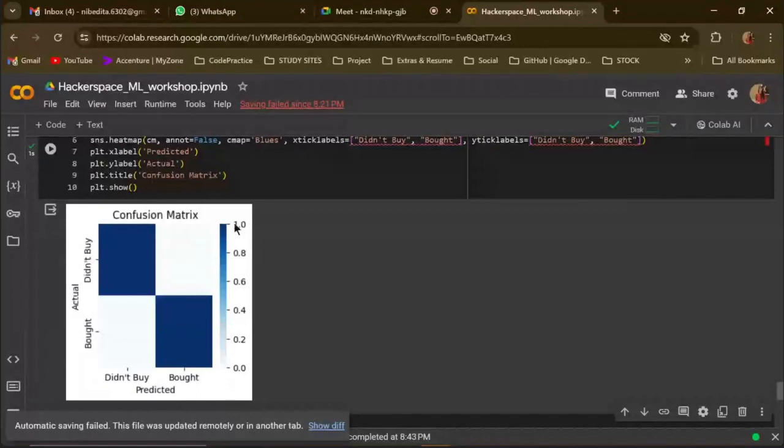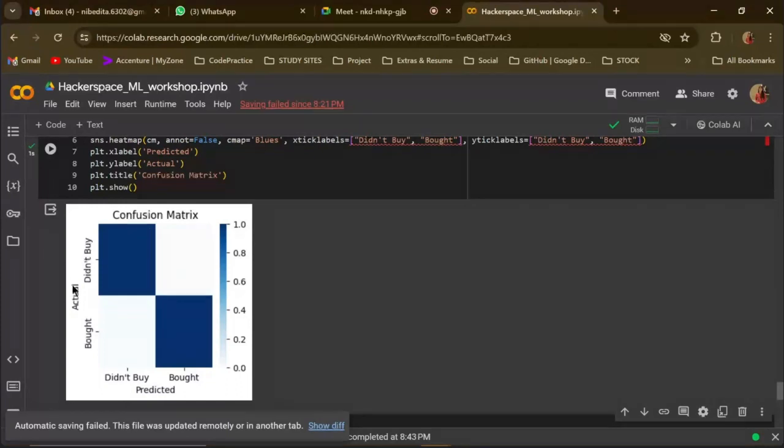According to this color scale, dark blue represents 100% and white represents 0%. So people who did not buy the house and were predicted as did not buy the house, that is the correct prediction, is 100%.